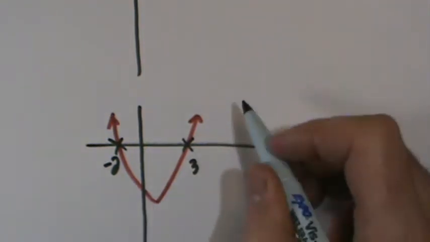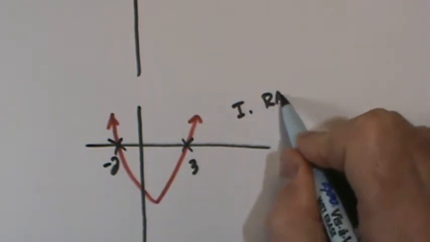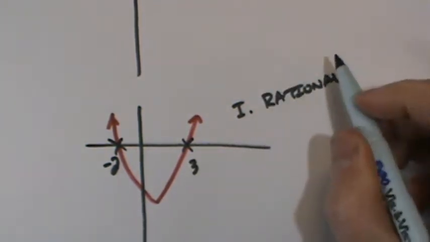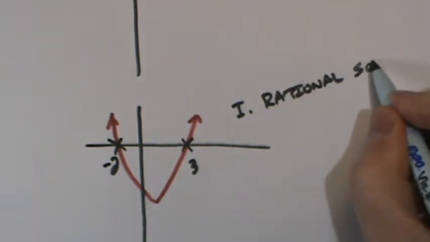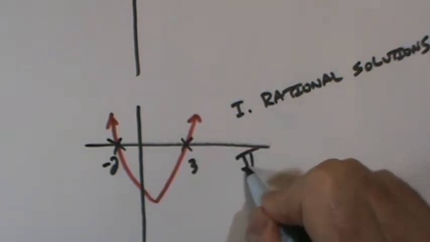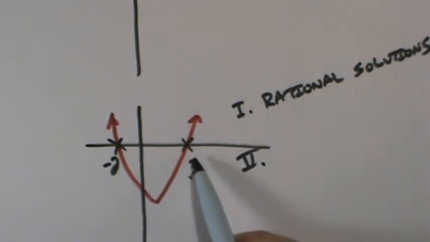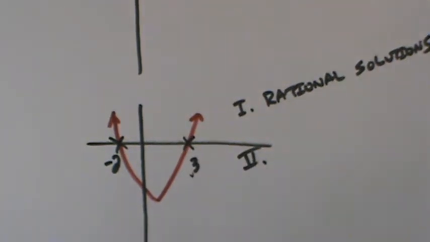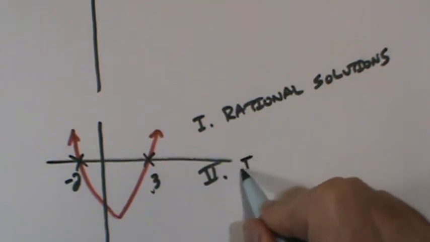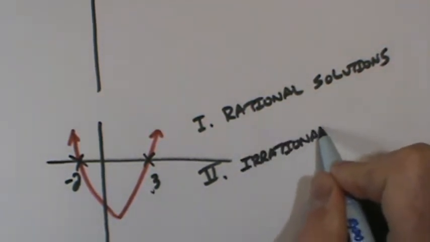So you could either have first rational solutions, and that would be two rational solutions, so that's plural. Or part 2, these could be goofy numbers like the square root of 3 or 5 minus the square root of 2. So you could have irrational solutions.